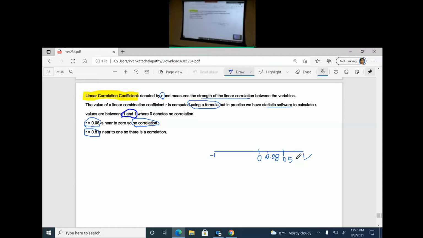Most often, it depends on the next digit you have. If it is 0.59, it is somewhere close to 1, because this is approximately equal to 0.6, right? So this is how you decide whether there is a correlation or not.